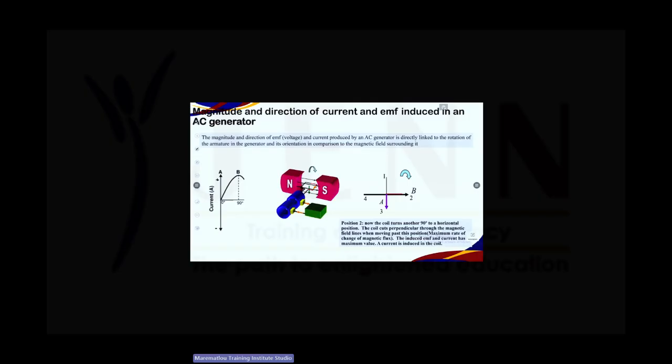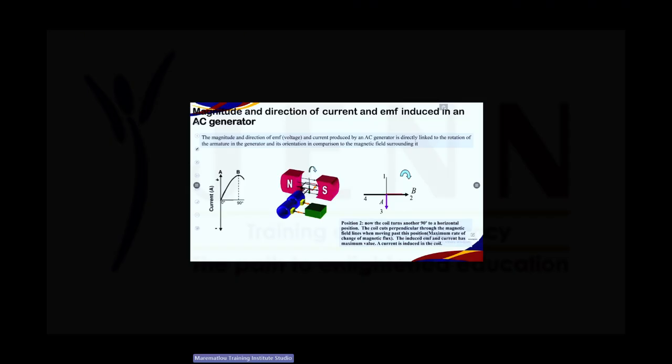Now, if we look at the graph, can you see where my coil was vertically, now it started turning, so it rotated 90 degrees, and now it is at its maximum EMF or current.